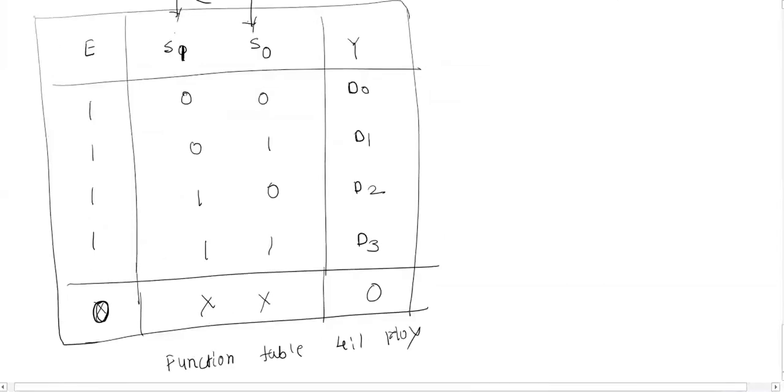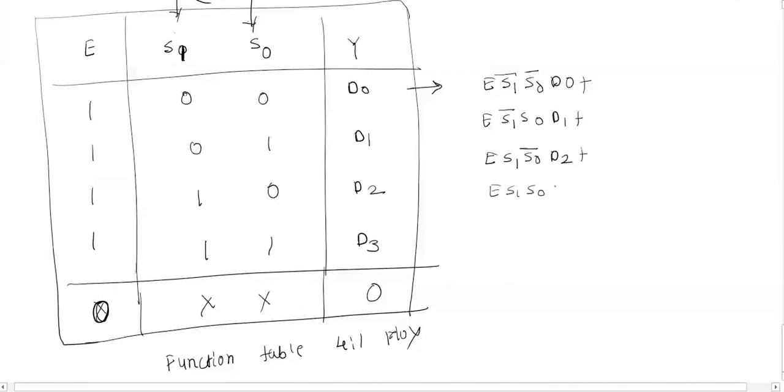Now the expressions we can rewrite like this. The first expression, now I can write for Y is equal to E S1 bar, S0 bar and D0 plus E S1 bar, S0 and D1 plus E S1, S0 bar and D2 plus E S1, S0, D3.